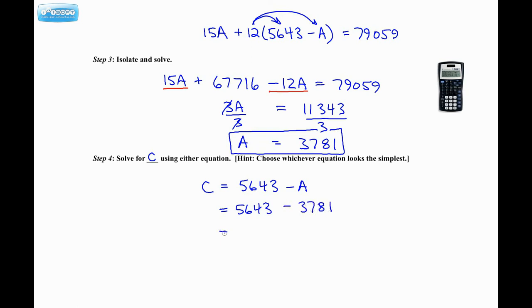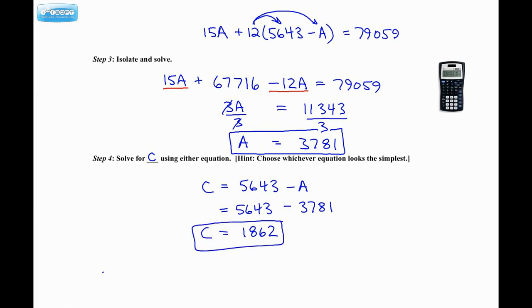And so 5643 minus 3781 gives me 1,862. So we are done. So here I'll just put C here one more time. Let's just answer this in a sentence.